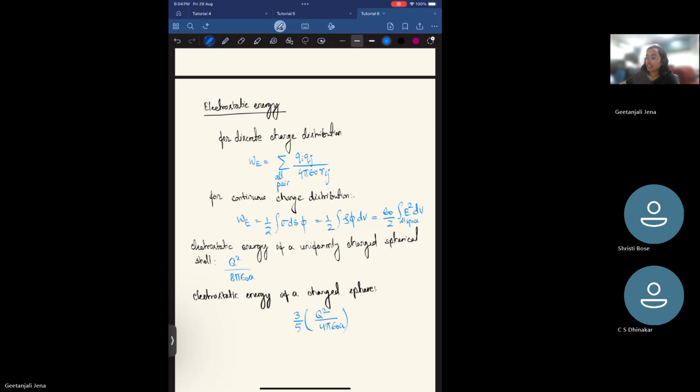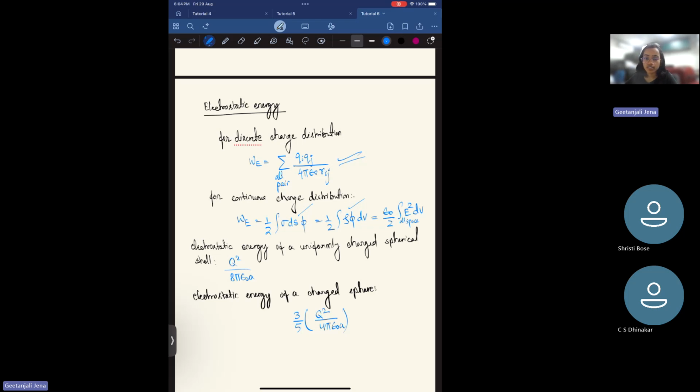Okay, so we saw the electrostatic energy of discrete charges, and for this we just take the summation over all charges. You can see this formula. For continuous charges, we have to take integration. If it is a surface charge, we can take sigma dA phi, where phi is the potential, if you recall. If it is a volume charge, you can take half integration of rho phi dV.